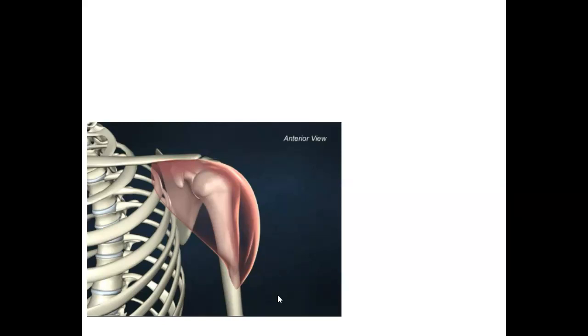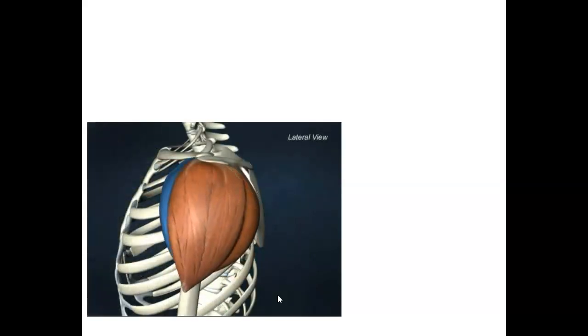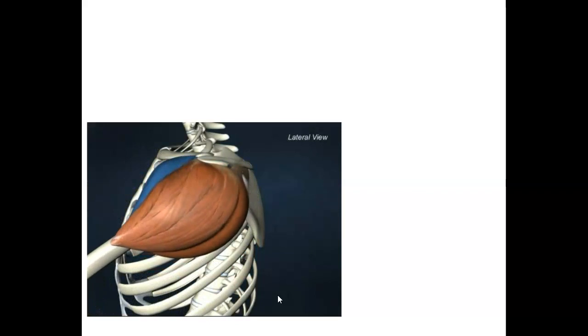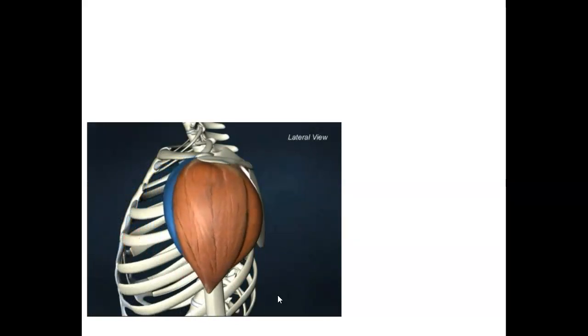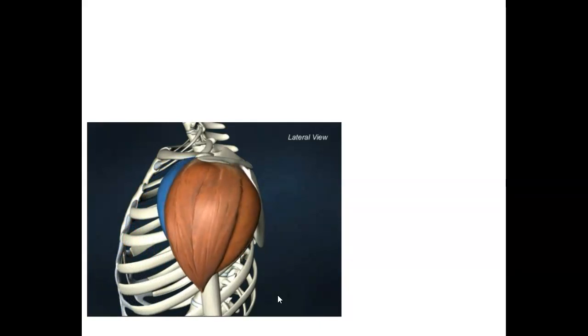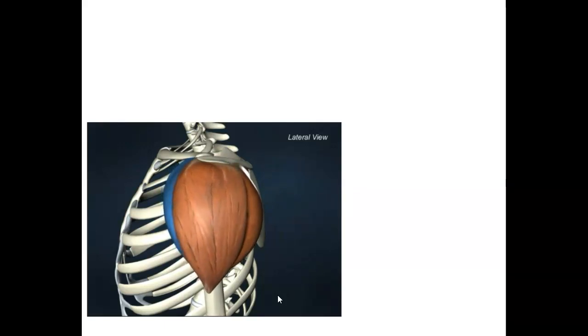The insertion is to the deltoid tuberosity of the humerus. The anterior fibers move the arm forward from anatomical position, thus flexing the arm at the shoulder. They also medially rotate the arm by turning the anterior surface of the arm toward midline. They are innervated by the axillary nerve.